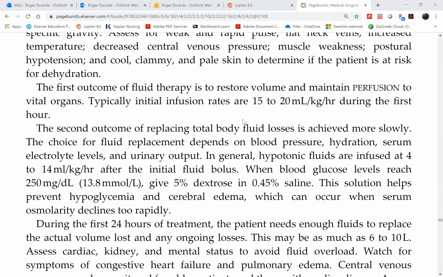It may be LR or normal saline, but since this is a non-traumatic dehydration, the preferred crystalloid is normal saline. So let's say I weigh 70 kilograms. How many mLs per hour will you run this normal saline?